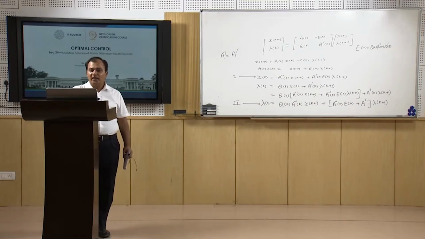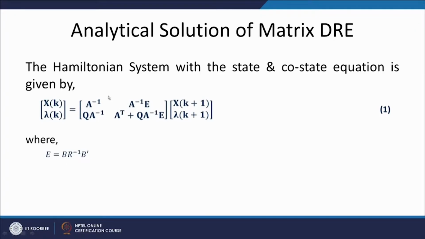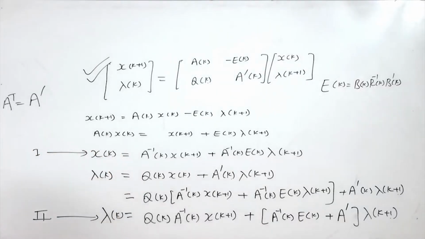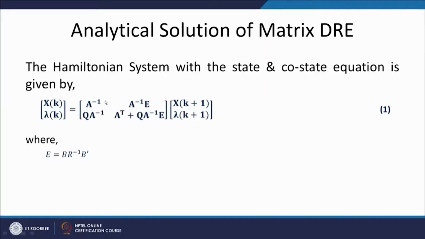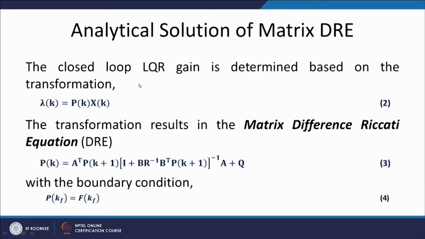So, by this I can write my Hamiltonian system which we have derived in this form as x k plus 1, lambda k in terms of the x k lambda k, and this we will take as my matrix H. And we also know for the closed loop LQR gain we determine using the transformation as lambda k equal to P k x k, this already we have seen, and the matrix difference Riccati equation is A transpose P k plus 1 times the inverse of I plus B R inverse B transpose P k plus 1, multiplied with A plus Q. This is my matrix difference Riccati equation which we have derived in the previous lecture, and with my boundary condition as P k f equal to F of k f.